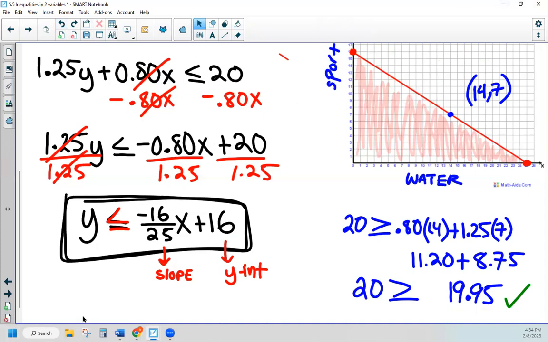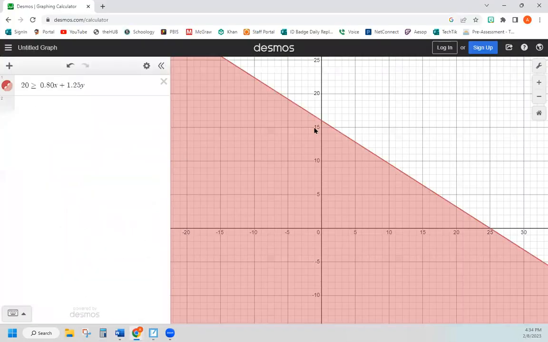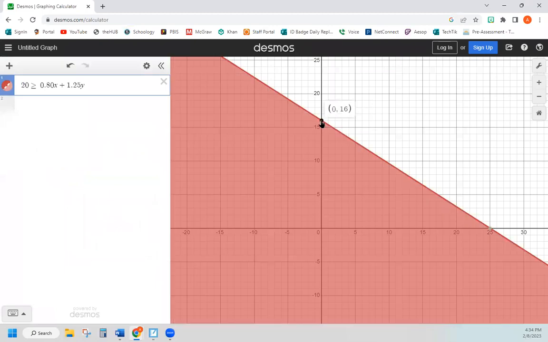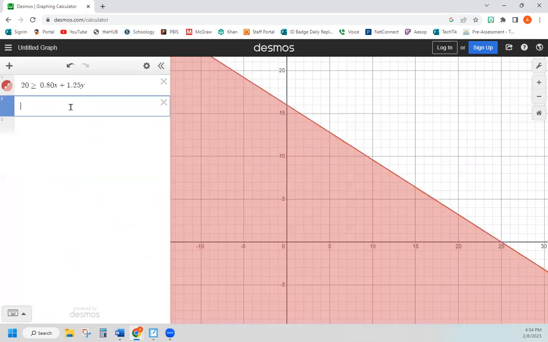So let's go ahead and jump to Desmos really quick and see what that looks like. I already have it typed up here. You can see here that we have a y-intercept of 16 and an x-intercept of 25. And where was that point? I've got to go back and check.